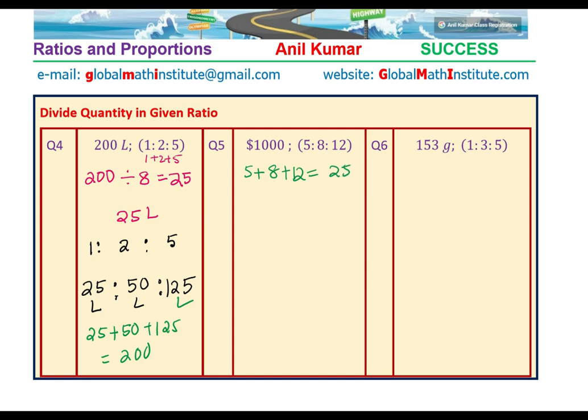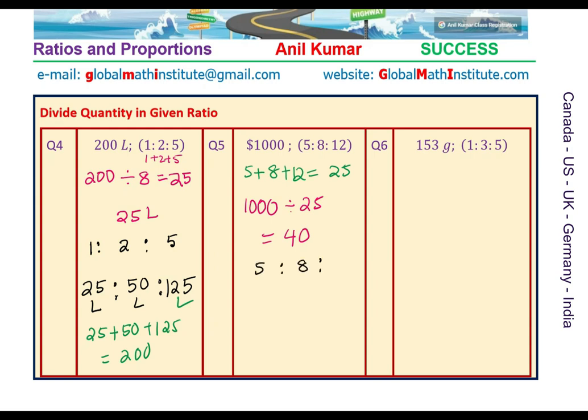So we are going to divide 1000 into units of 25 each. So 25 times 4 is 100 and then a 0. So what we get is each unit or packet of $40, which we need to give in the ratio of 5 is to 8 is to 12.